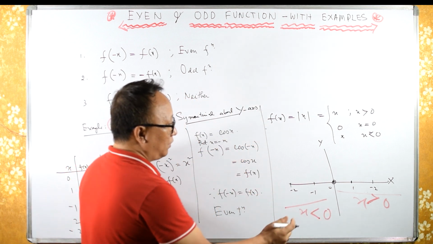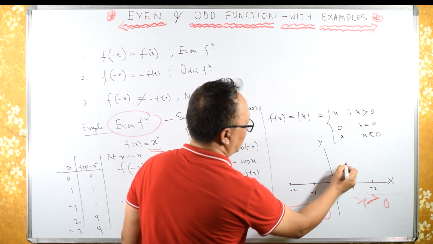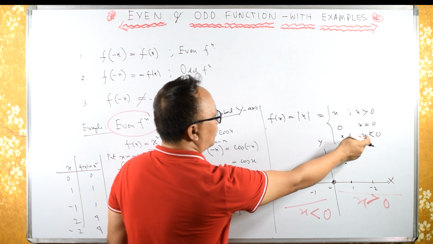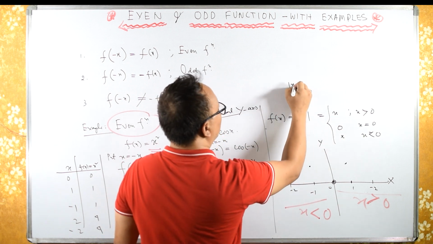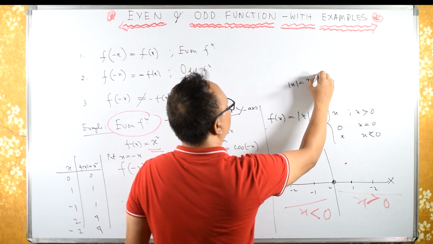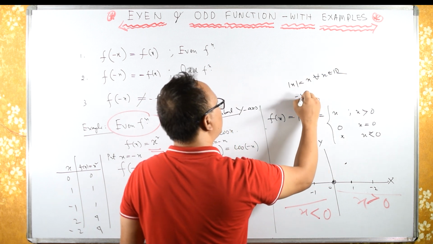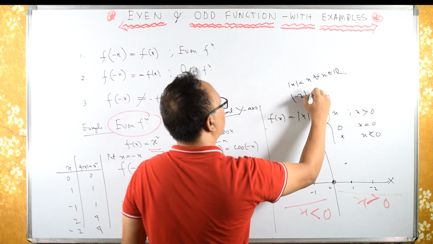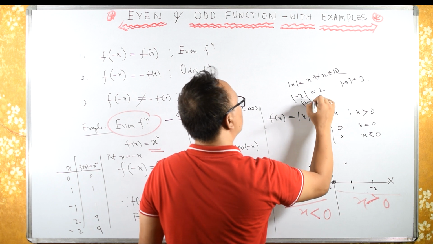When x equals 1, we have positive 1. When x equals minus 1, we also have 1. Mod of x is always non-negative for all x belonging to real numbers. If it is minus 2, mod is 2. If it is minus 3, mod is 3. If it is 2, mod is also 2.